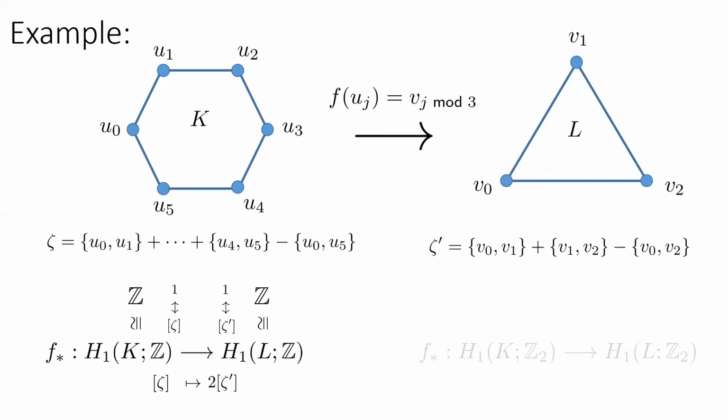Now, let's see what the story looks like when we take coefficients in Z mod 2, the field Z mod 2.